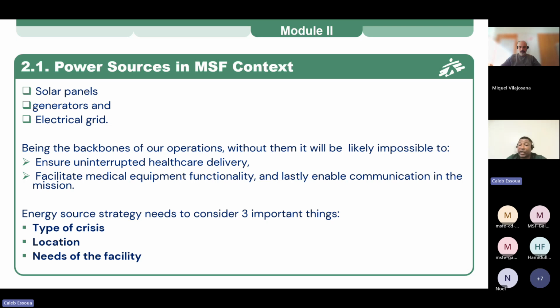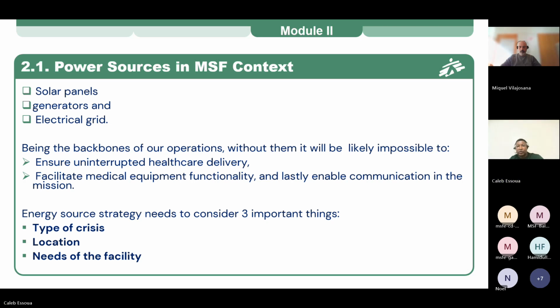We all know that communication is one of the most important things in our operation, because without it, it will be difficult. That's why we always put communication things on 24-hour power, right? So power source is very important for our operations. That clearly means that we have to be very careful when we are doing the selection.